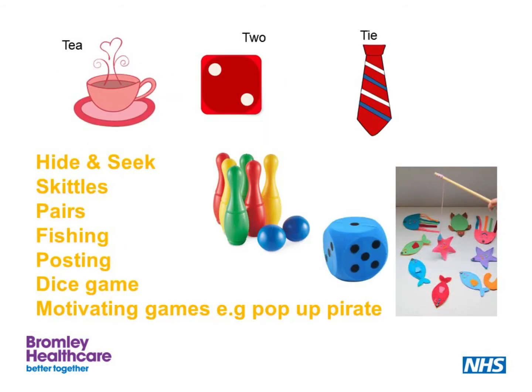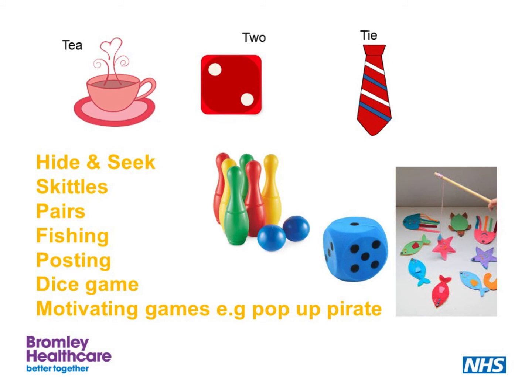Here are some other examples of ways to work on sounds in simple syllables using pictures such as these here. So again, you can use motivating games such as fishing and skittles. In this example, the target sound is a t, and we're trying to encourage the child to say it in simple words like tea, to and tie.